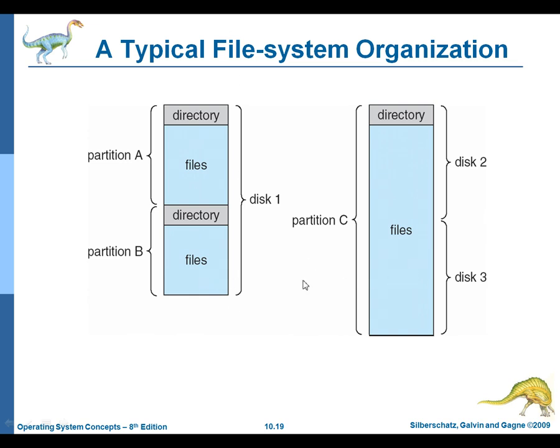And if you have another disk wherein a common partition is there, some of the files are stored in disk 2 and some of the files are stored in disk 3. So even if it is partitioned, the files are partitioned and stored in separate disks. It means partition C is entirely shared by 2 disks.